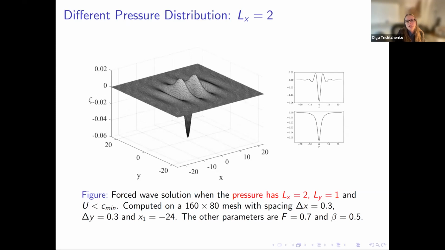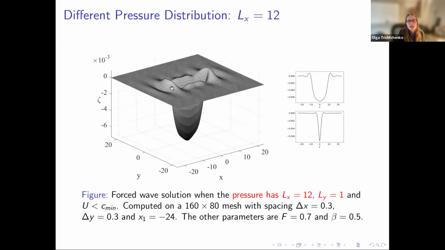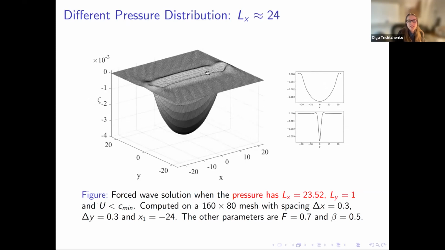So here you're making Lx longer, in the direction of propagation, or the direction that your load is moving in. You make it longer so you can see what's happening here. The pattern is spreading. And then this is the longest we can make that moving disturbance without running into issues at the boundaries.